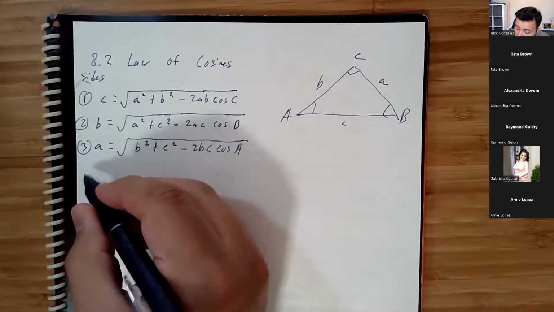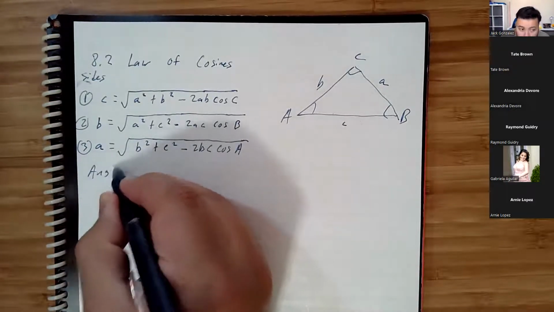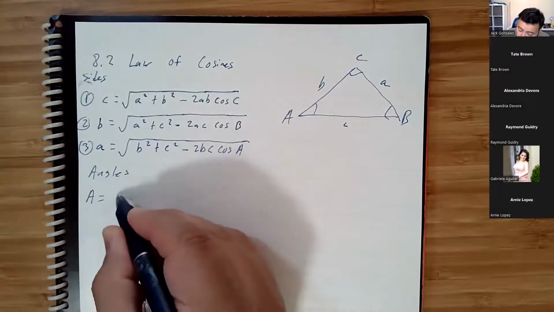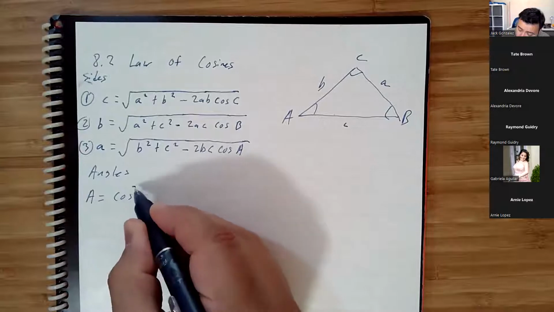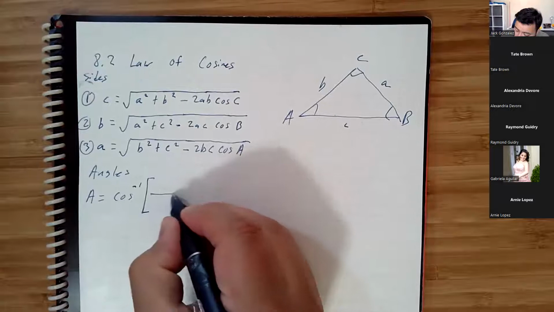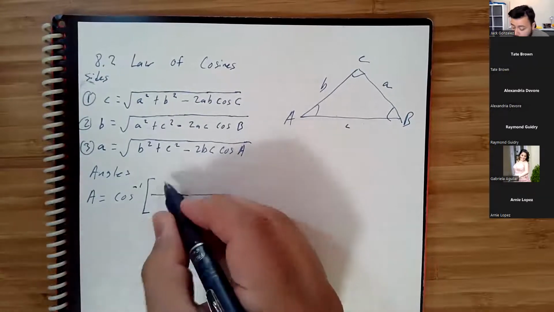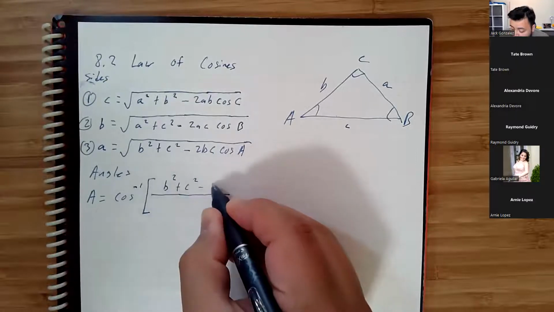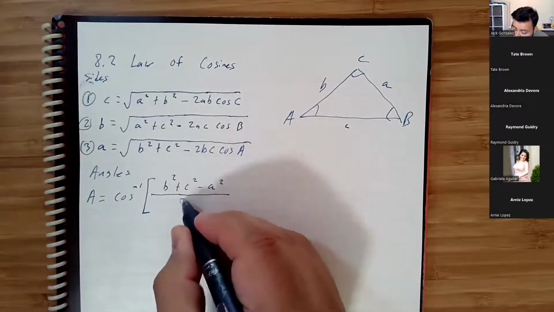All right, let's do the angles next. Again, I solved for everything here. So all you got to do is plug it in. Capital A is equal to cosine inverse, or arc cosine, of b squared plus c squared minus a squared over 2bc.